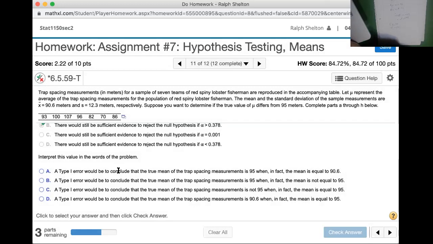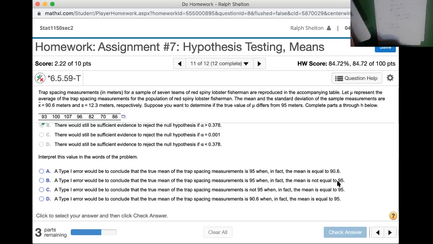So when you conclude the mean is 95, well, no, you're not concluding it's 95. That's the null, because if you're concluding it's 95, you're not rejecting it. And to commit the error, you're rejecting it when you're not supposed to be.